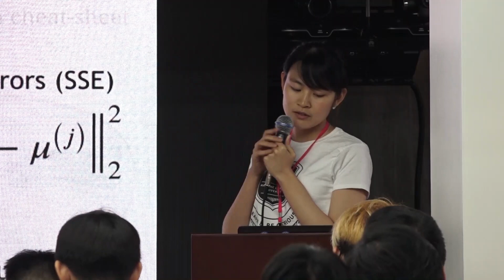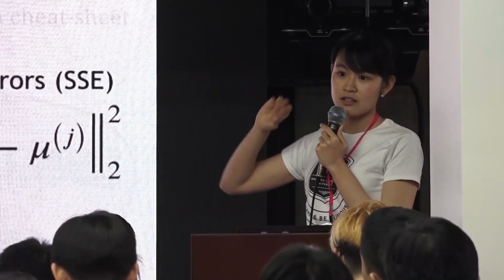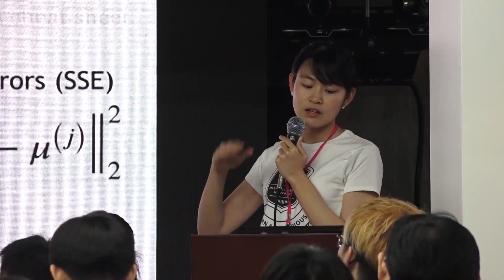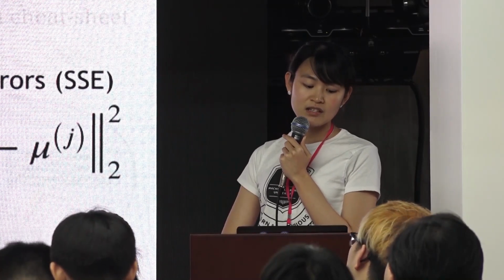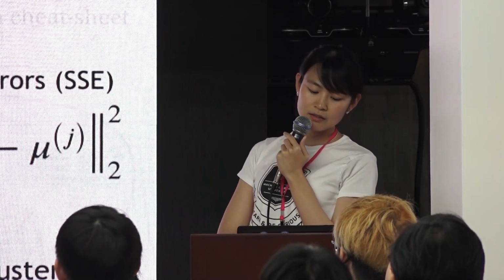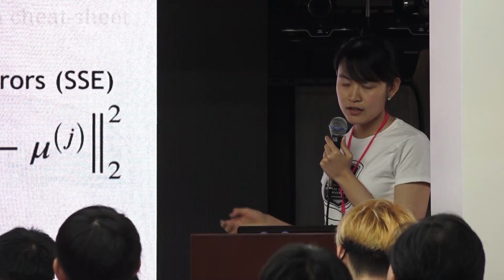When you have only one cluster, definitely you have the longest distance from each data point to its centroid. And if you increase K a little bit, the SSE will drop much more. Some people always ask, how do you choose the right K?